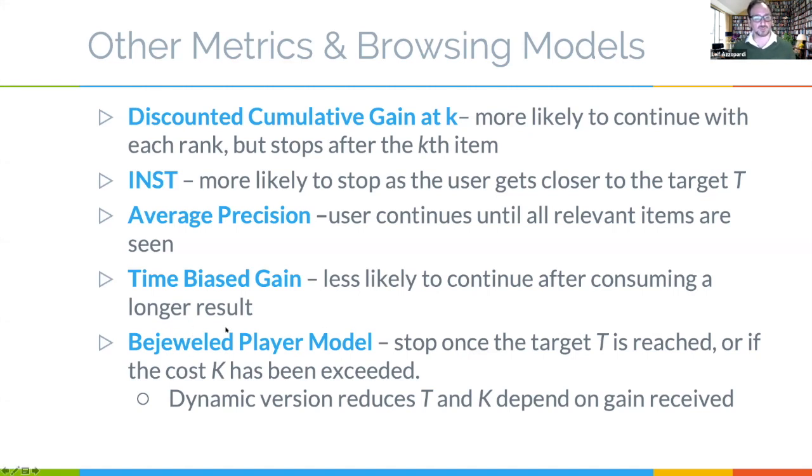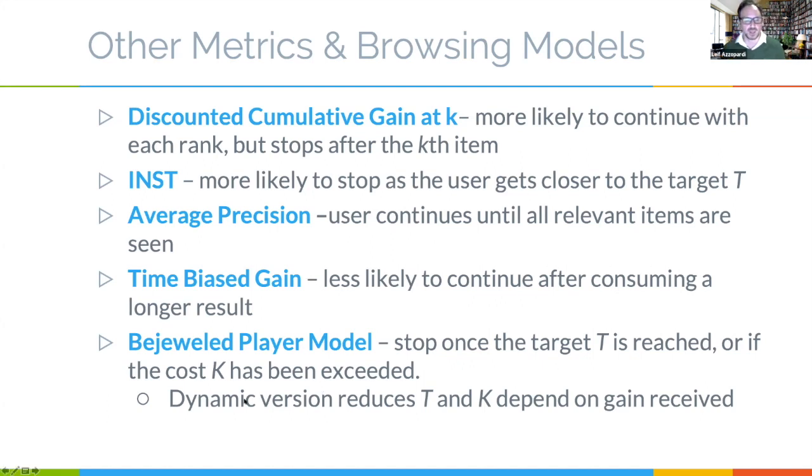And like I mentioned, the Bejeweled model, which was published only a couple of years ago at CIKM, the idea here is that once you reach your target, you will stop. So if you get your T relevant items, you'll stop. Alternatively, if you're only willing to spend so many resources, say you're only willing to look at 5 items but you want to find 2 relevant items, whichever is exceeded or met first, then you'll stop.